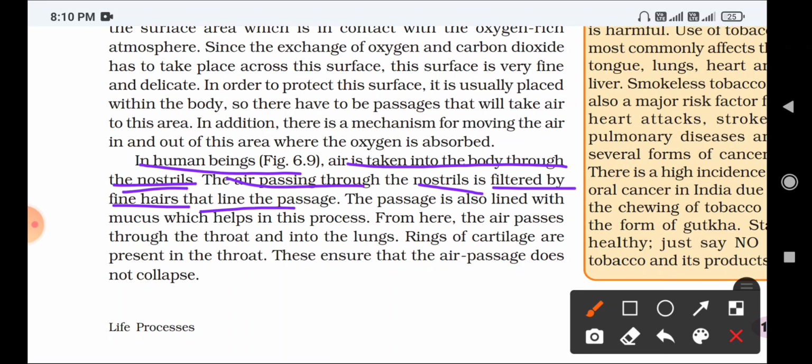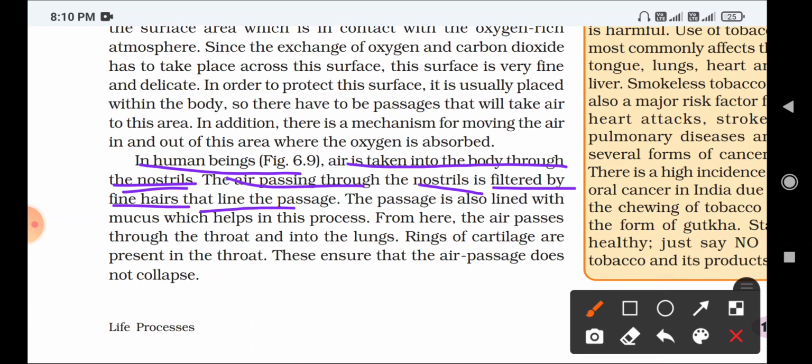We are taking the air from the atmosphere with the help of nostrils. Our nostrils have fine hairs in them to filter the air, because the air may contain small dust particles and other unwanted substances that would be harmful to your lung system, so they should be removed and cleaned.